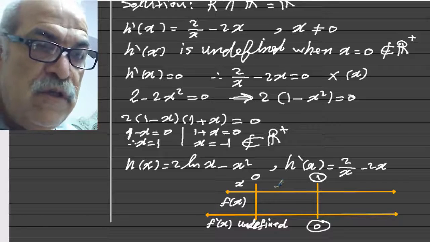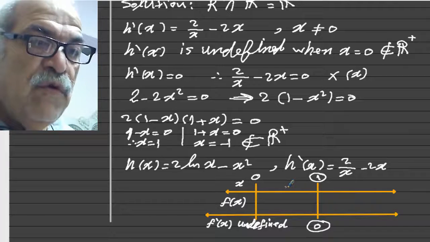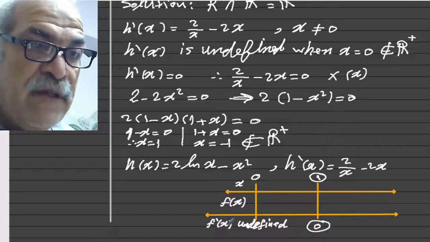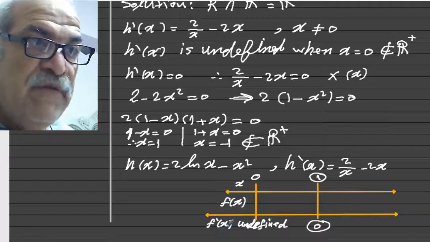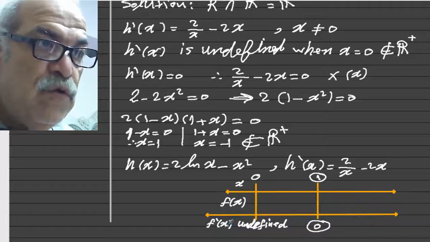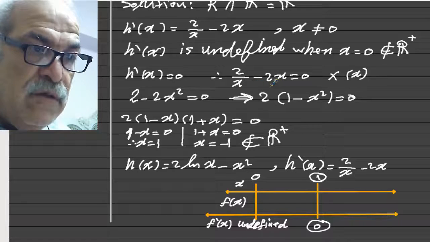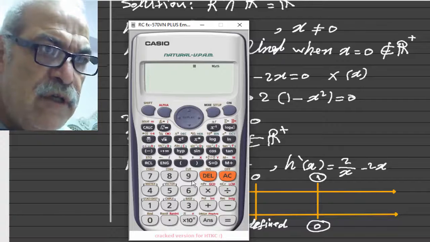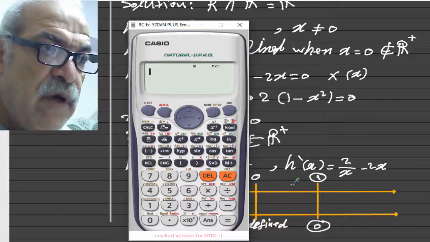So we'll check the sign between 0 and 1 for f dash of x, which equals 2 over x minus 2x. So we will check the sign of f dash of x on this interval between 0 and 1.